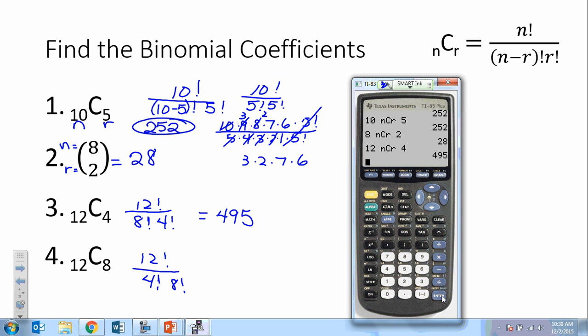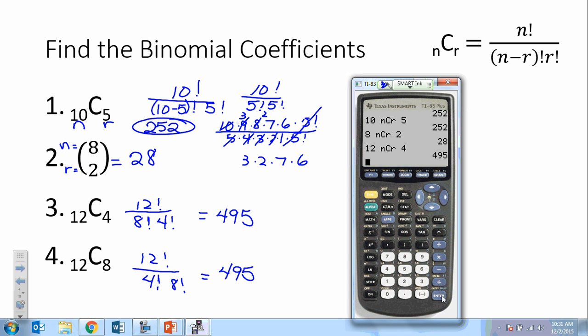So we should get the same result. And that's okay because it has that repeating pattern where you're going to get those coefficients that will repeat. On number 3, yep, you have to take your 12 minus 4 and then your 4. That's how the combination is defined.